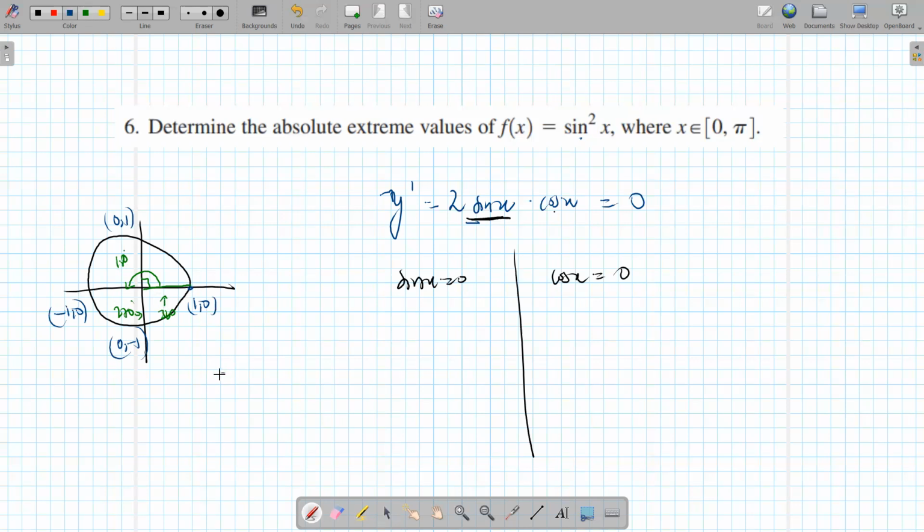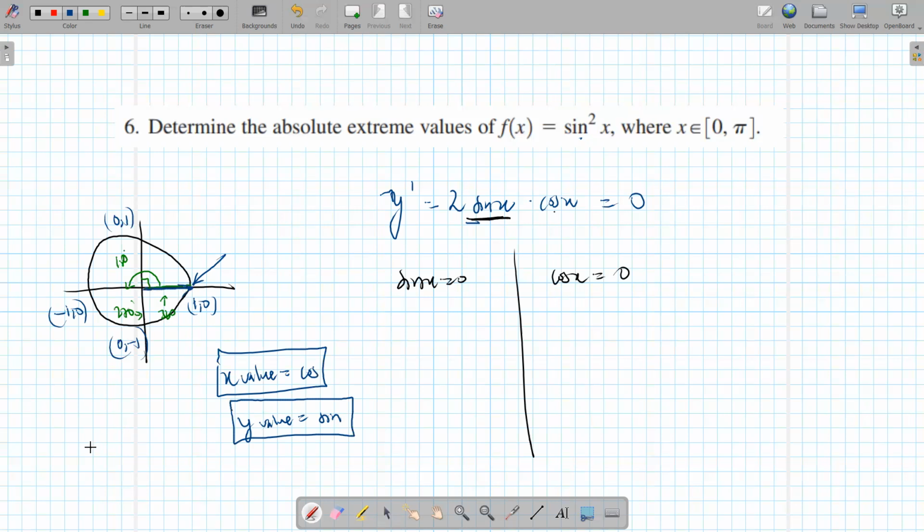The x value of the point determines the cosine. And the y value of the point determines the sine. Now, what do I mean by this? You see here, the x value is 1. What's the angle here? From here to here, what would be the angle?